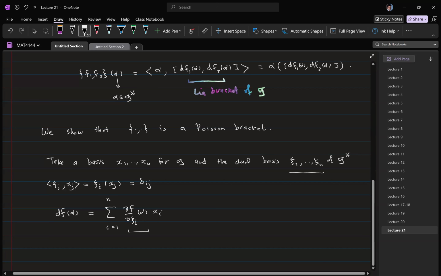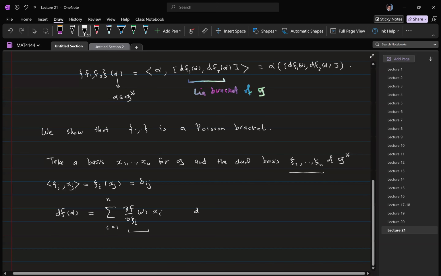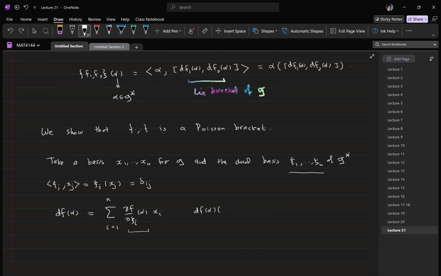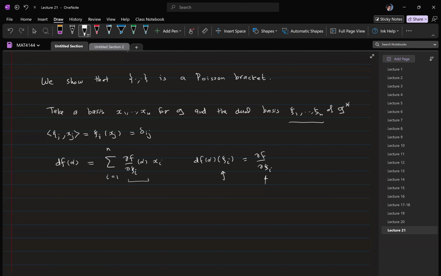Or more precisely, if I do df alpha of xi, I'm expecting df dxi, right? This is the ith component of the gradient vector, and it is just this number, right? But now, what linear combination of the xi's should I write so that if I apply ci to this, I get this?